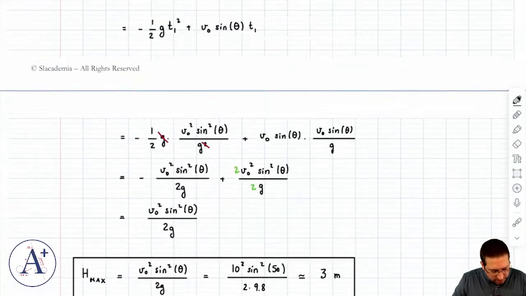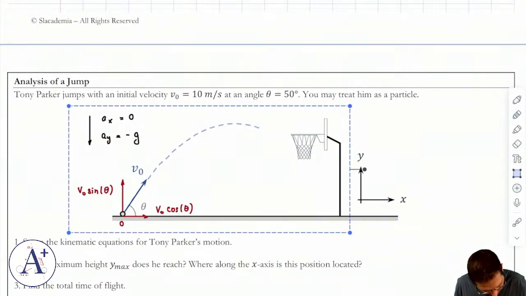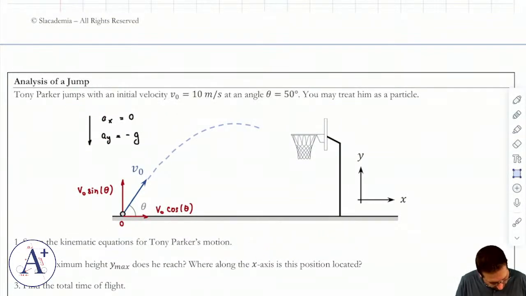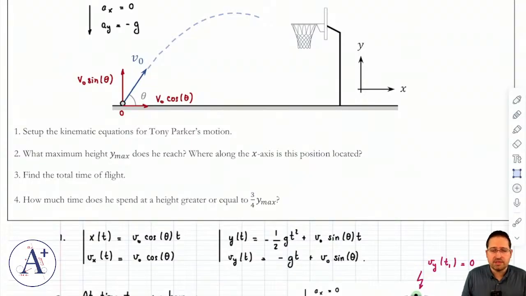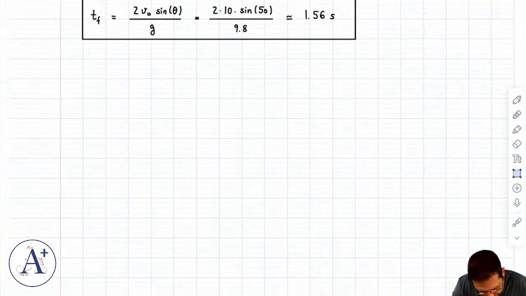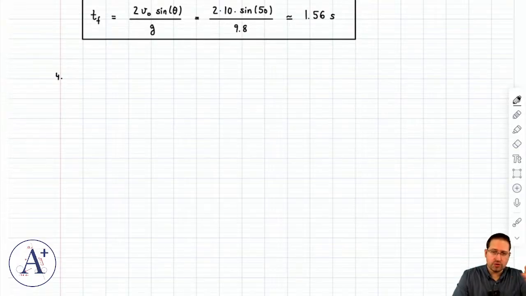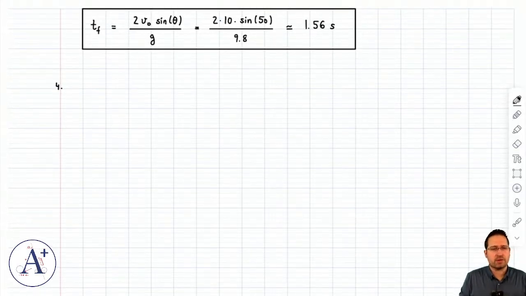All right, and then last question says, and I'm coming back up here just to make another copy of this, the last question asks, how much time does he spend at a height greater than or equal to 3/4 of y max, or h max? It's the same thing, okay. So that's a really interesting question. The first few questions that we solved here are super classic.